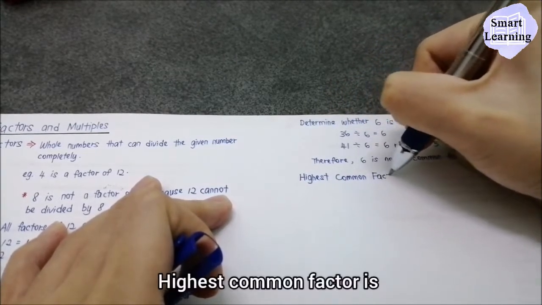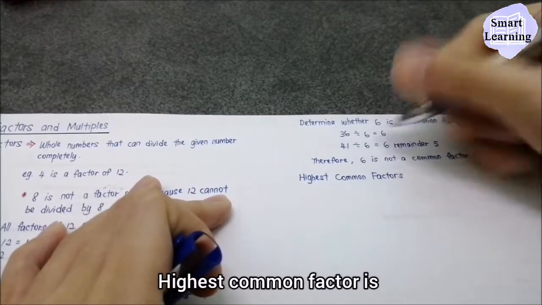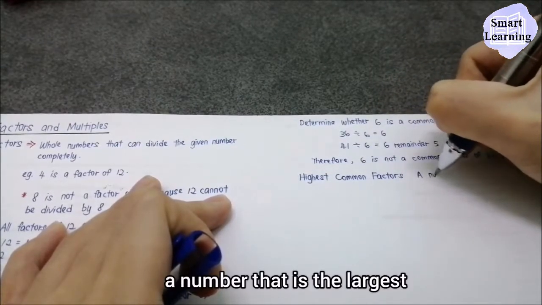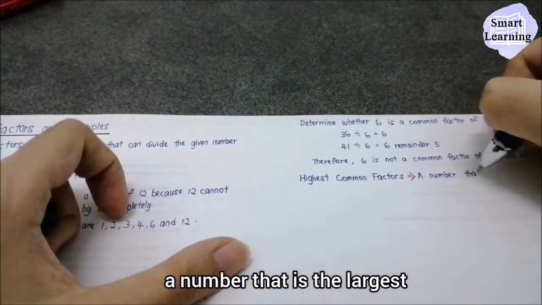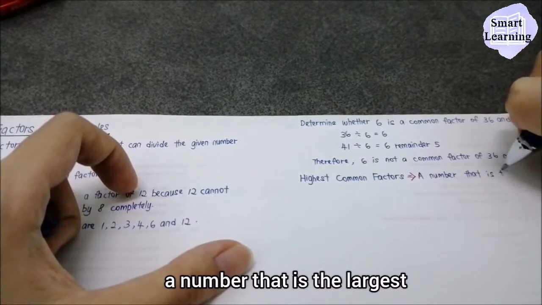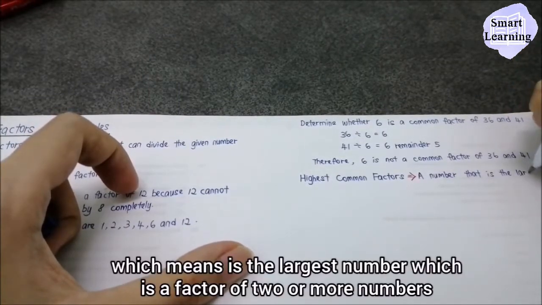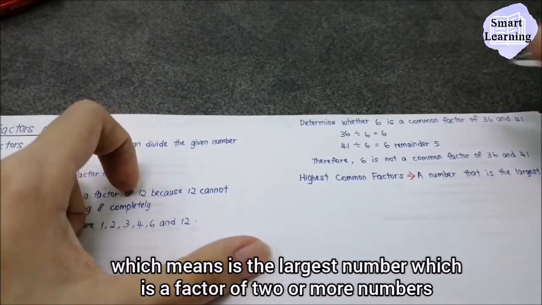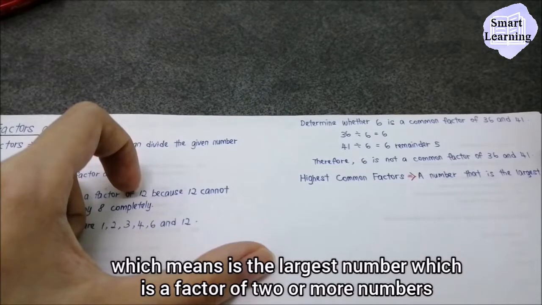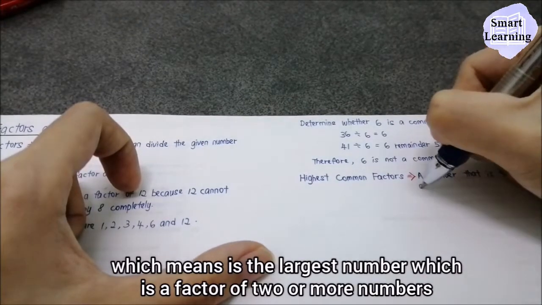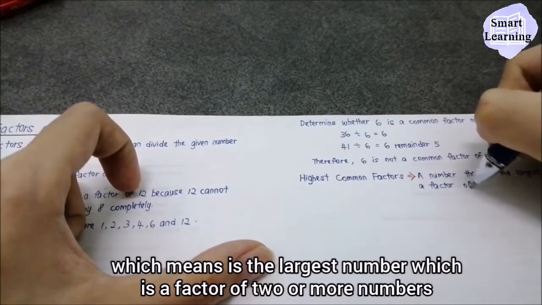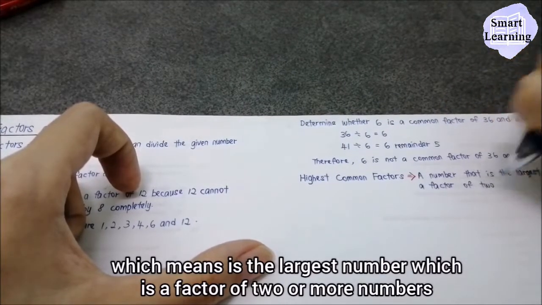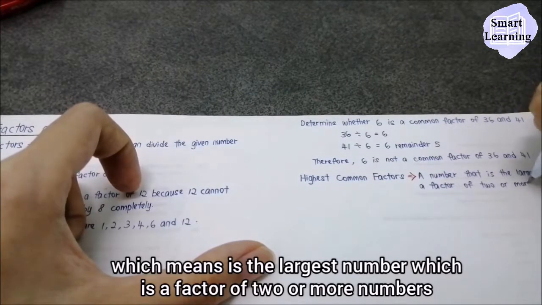The highest common factor is the largest number which is a factor of 2 or more numbers.